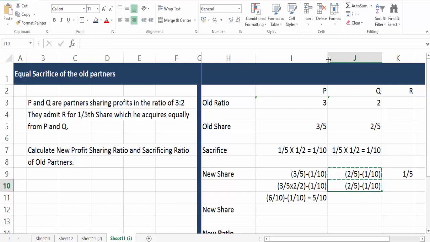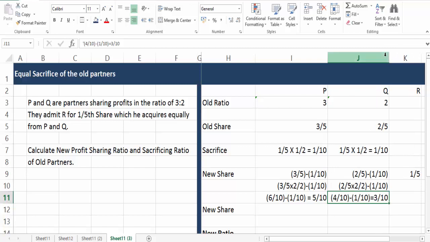So 2/5 multiplied by 2/2 gives us 4/10. Then 4/10 minus 1/10 is nothing but 3/10. So this is the new profit share of Q.